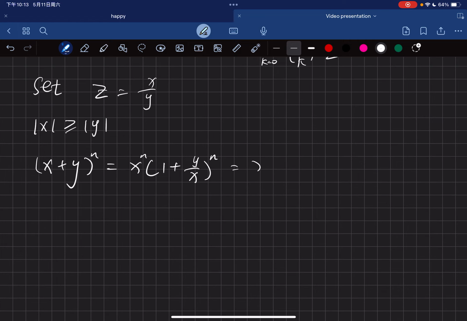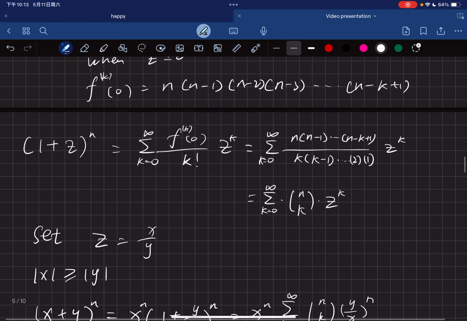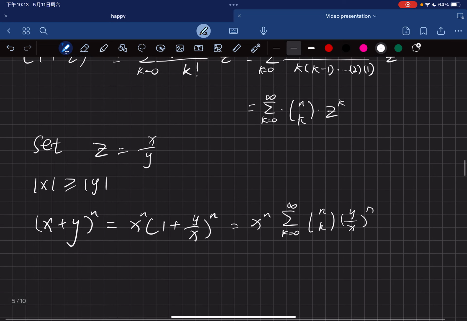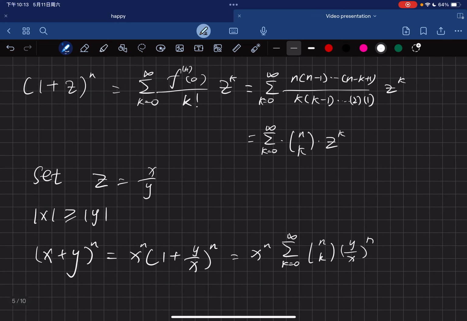Okay, so we have the sum from k equals 0 to infinity of y over x to the power of k.